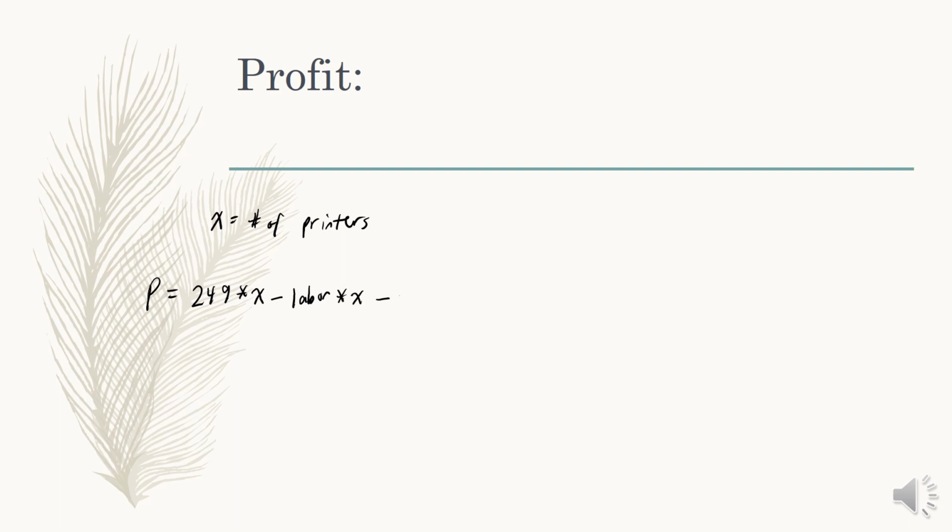We're going to have to subtract off the parts cost times X. Again, we don't know what those are. And then also the 400,000 and the 600,000, the admin cost that we already discussed, and also the advertising cost. And we could combine these, of course, and say that really we're subtracting off 1 million. So this is going to be our equation for profit.